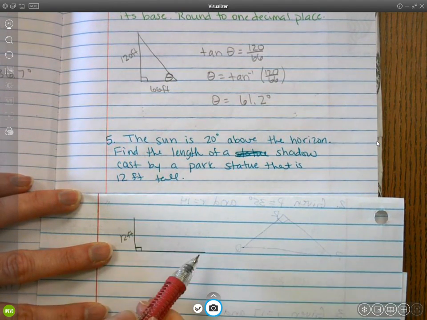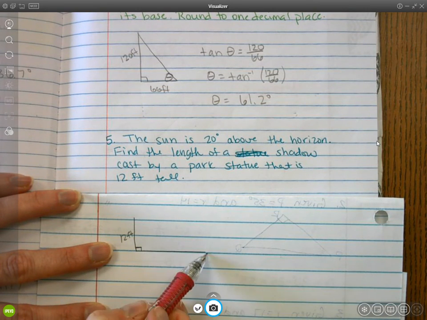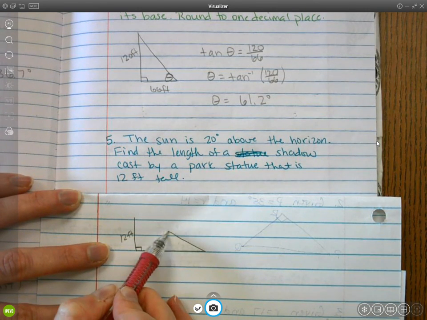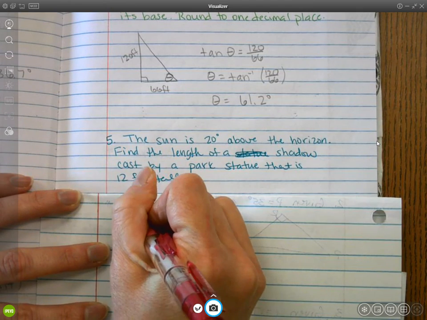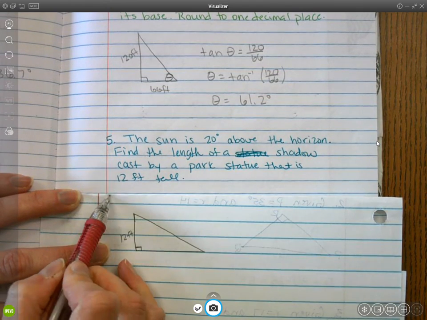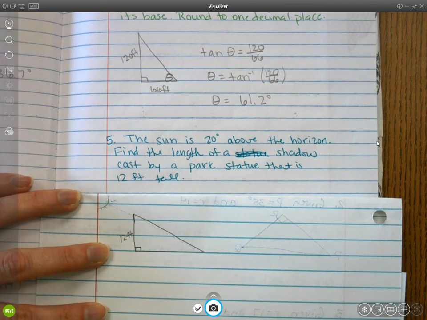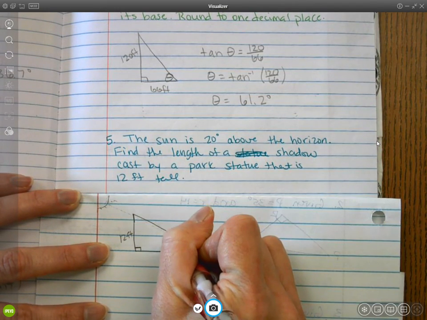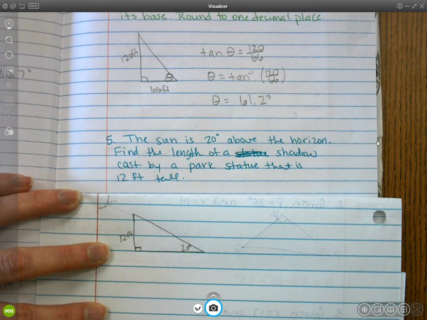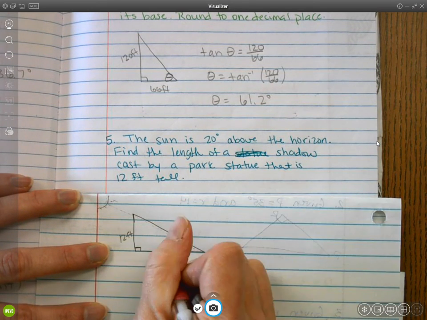We know that the sun is 20 degrees above the horizon. So if you're standing here, the angle of elevation to the top of the statue, because the sun is shining like this. Okay, so we assume that this is our angle. All right, so now that you have the picture, see if you can write your trig equation and solve for the length of the shadow.